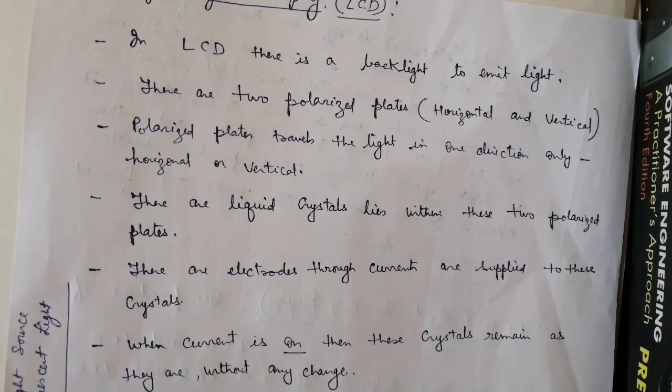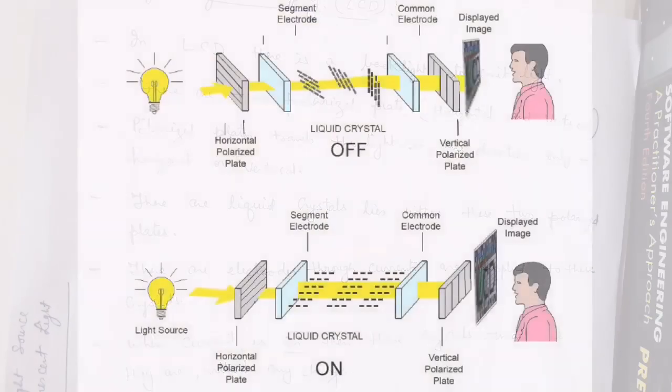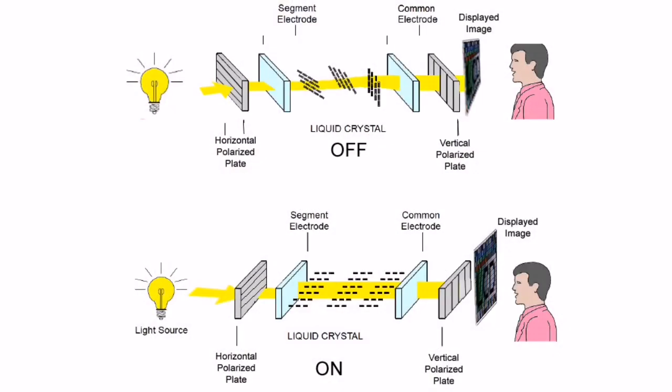Now, horizontal light comes inside the horizontal polarized plate, then it goes further towards the vertical glass plate. These crystals play a very major role here.